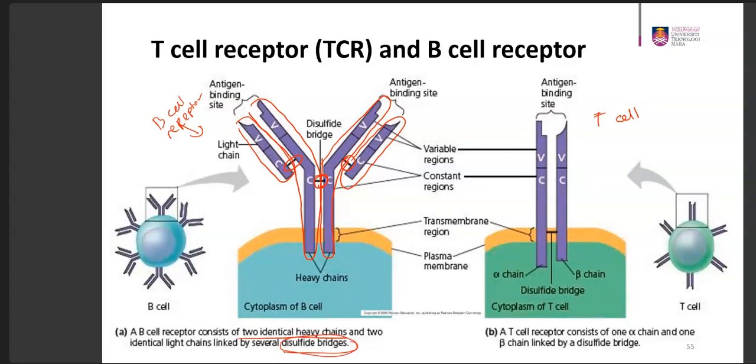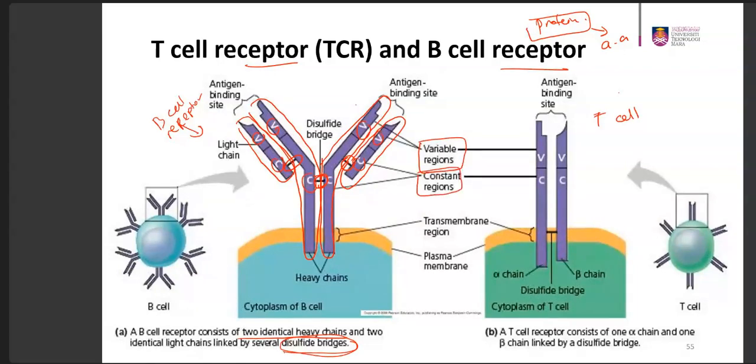Alright. So you have to remember that the receptors are protein molecules. Because they are protein molecules, proteins are made up of what? Polymers of amino acids, or polypeptide chains. So what is V, what is C here? V is the variable region, and C is the constant region.